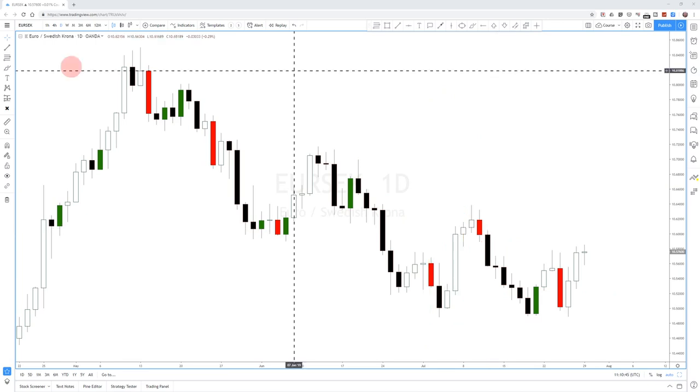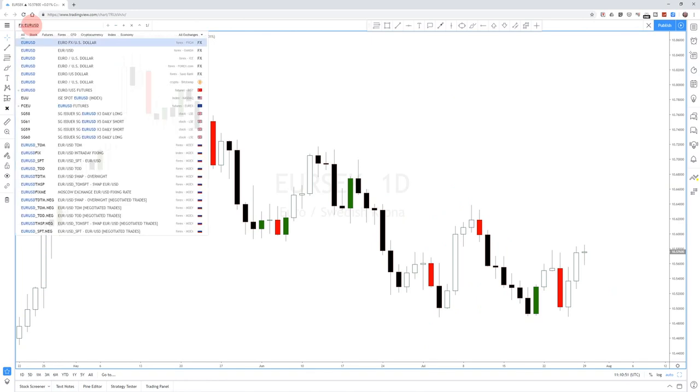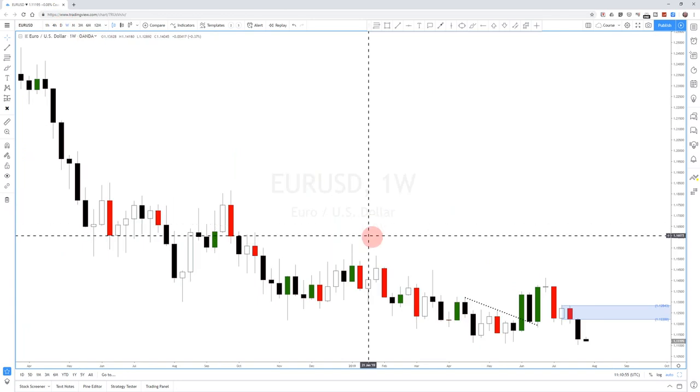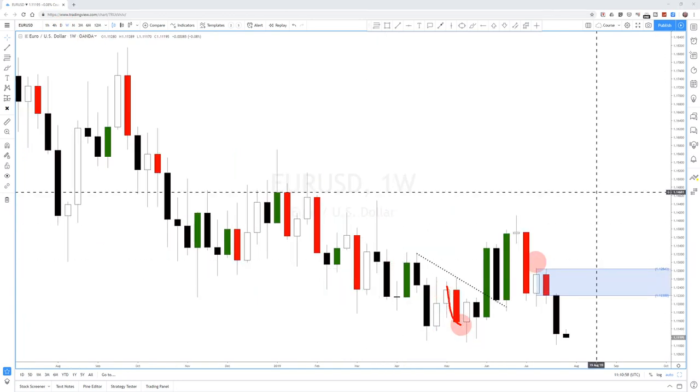So we go back now to the euro dollar weekly chart. We are going to see the picture of balance on that weekly chart as well. Let's take a look at the weekly here. As you can see here, we've got a drop and then a rally. Same thing over here, drop rally without consolidating away.